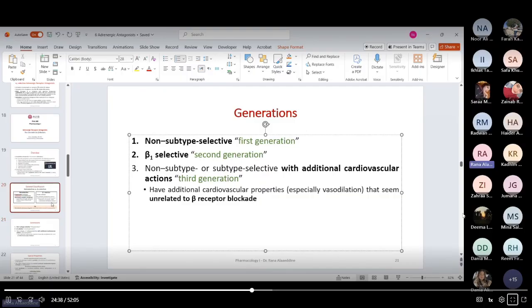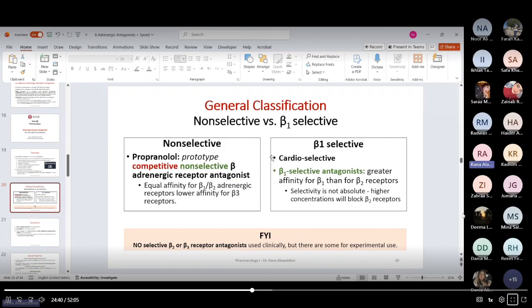In general, when I say a beta blocker, do you think there is an effect on the vessels? No. When I talk about beta 1 receptors, we're talking about the heart and the kidneys only, not the vessels.